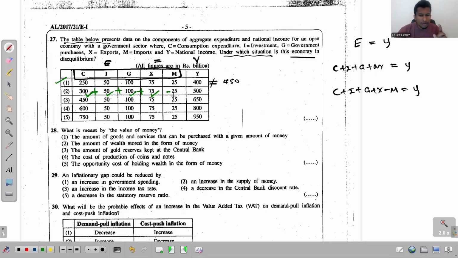From 525, if you deduct that 25, you get the aggregate expenditure as 500, which is equal to the given national income, aggregate income. So in this given situation, the economy is in equilibrium. Likewise, if you just check the other options, in all these options, the aggregate expenditure will become equal to the aggregate income. So no need to calculate. So simply this is the answer.